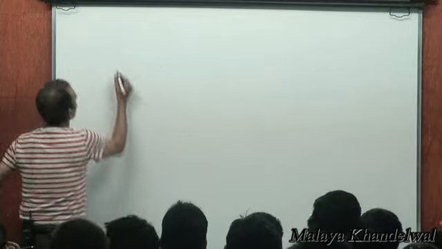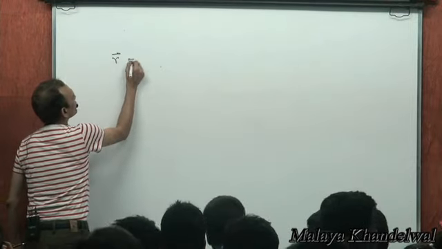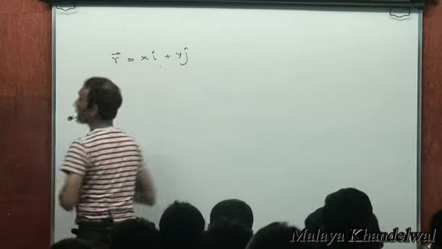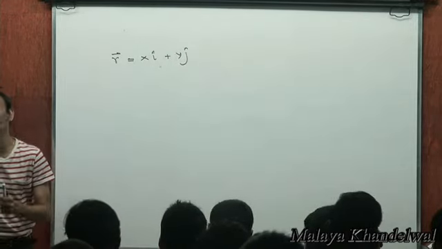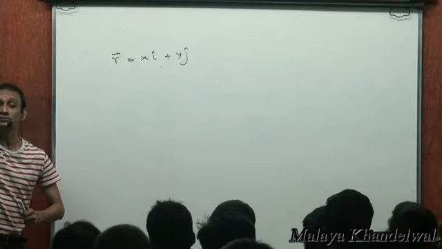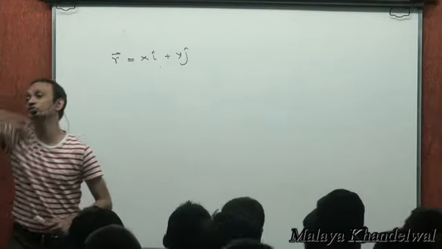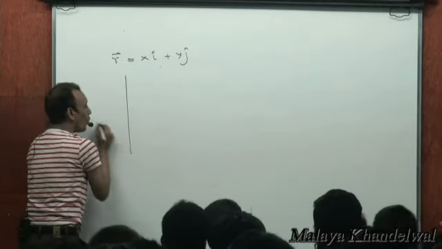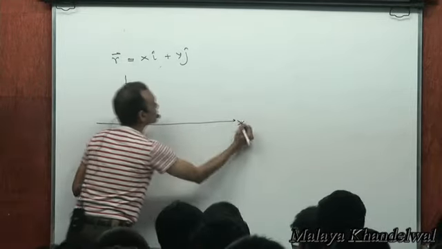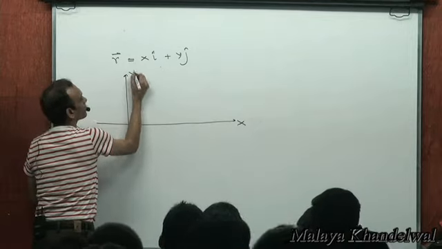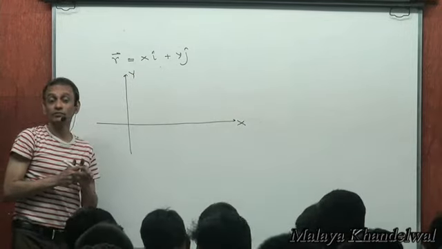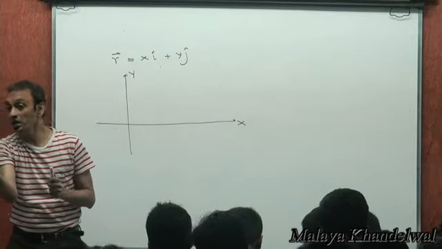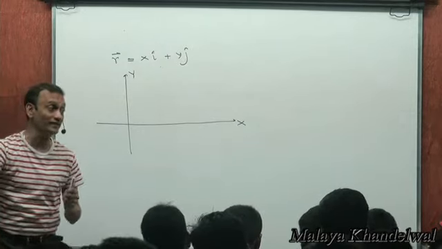See, a position vector R, which is x i cap plus y j cap. I cap and j cap are unit vectors along the x and the y direction. What is this position vector doing? All that it is doing is locating a point x comma y in the plane.